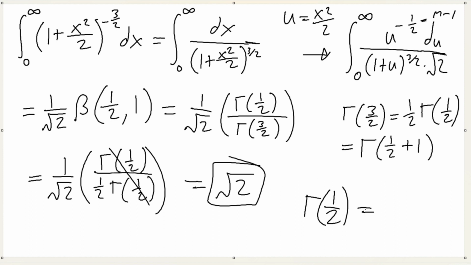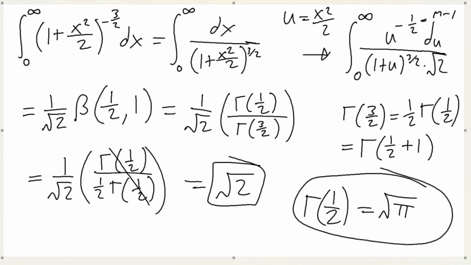One last note: if you come across gamma of a half, gamma of a half is equal to the square root of pi. So keep this in mind. The best way to prove this is to think about the Gaussian function.